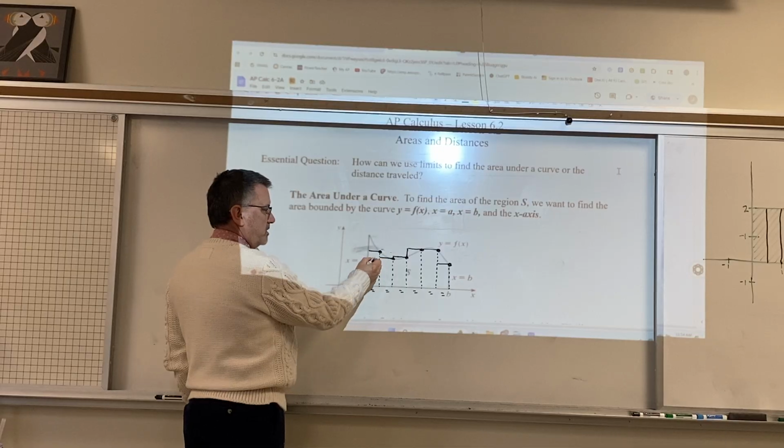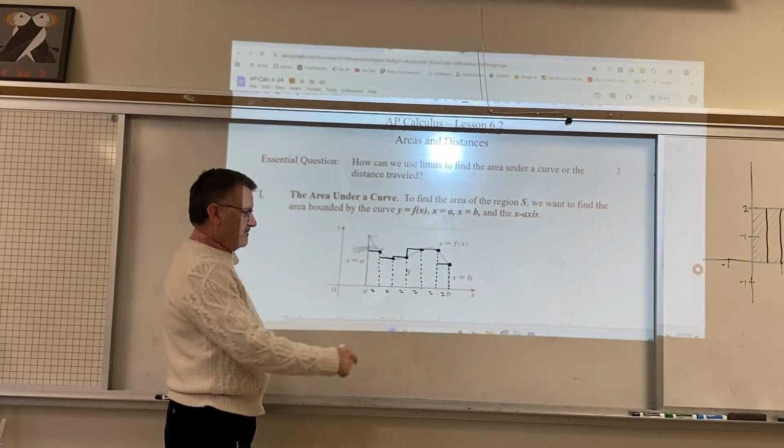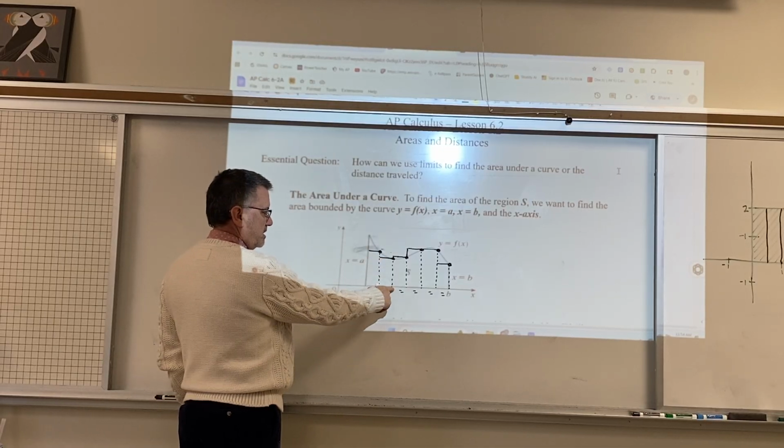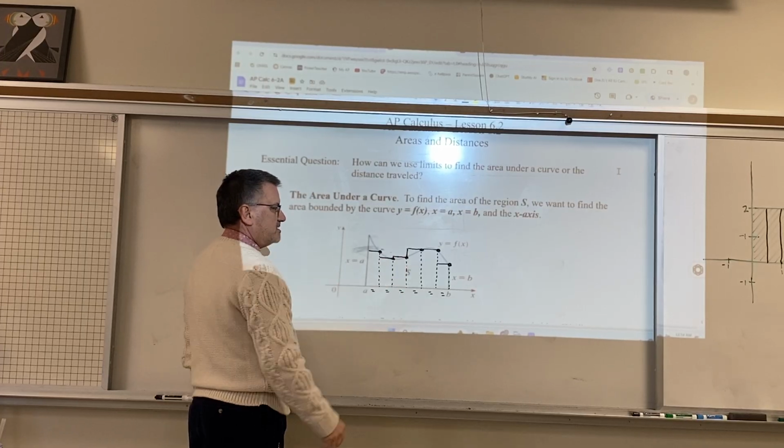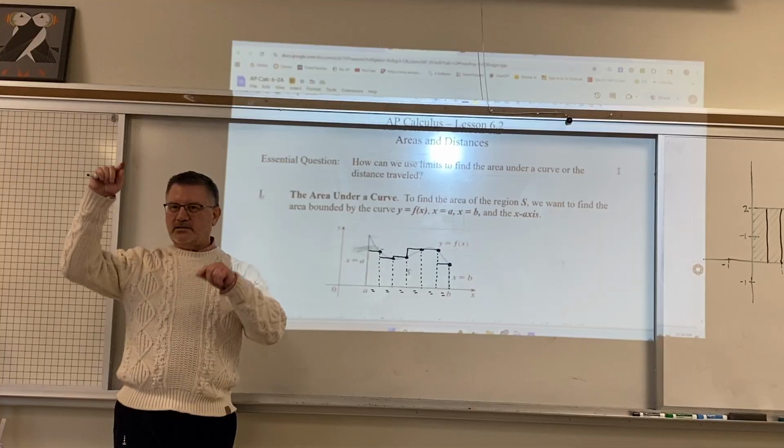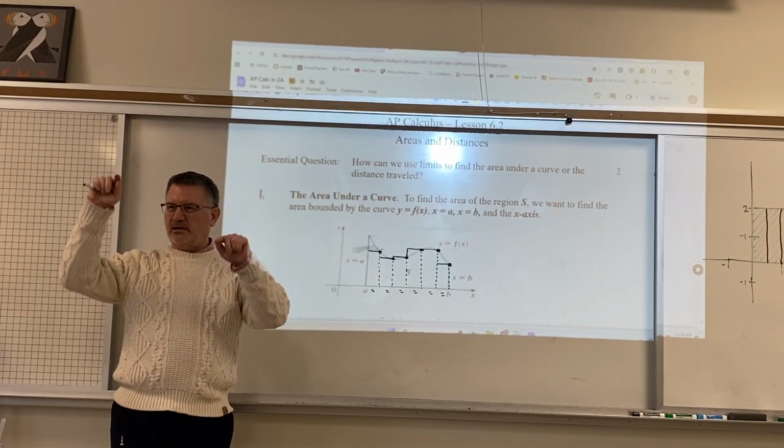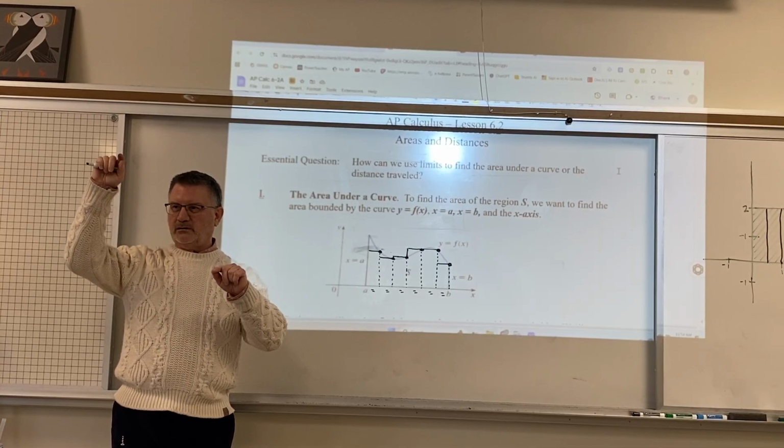So the height is going to be whatever the curve is at that value of x. Since the rectangles have different heights on each end, right?